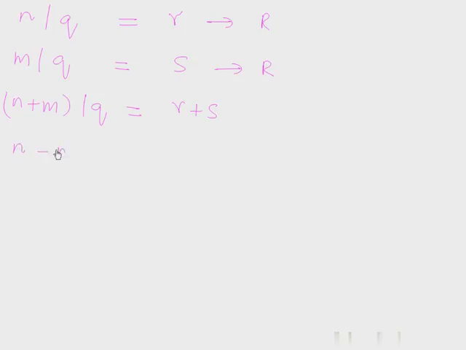When n minus m is divided by q, the remainder will be r minus s. When n times m is divided by q, the remainder will be r times s. Will it? Well, not quite. In each of these cases, the remainder will be r plus s or r minus s or rs, but it will have to be further divided by q to actually bring the remainder to the range 0 to q minus 1.